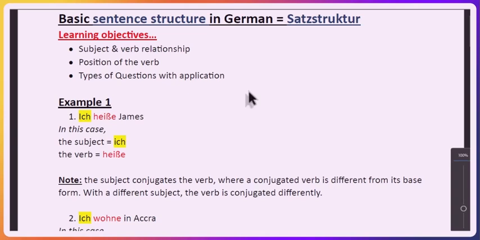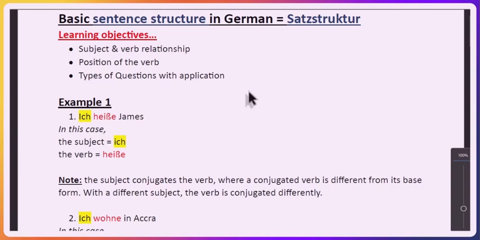We will also look at sentence structure and a bit about the position of the verb in German sentences. The rules are very simple and basic, and they apply in almost every sentence. There are a few exceptions, and I'm going to talk about all of that.